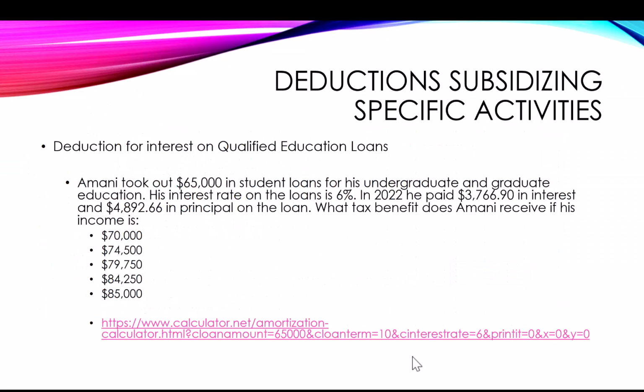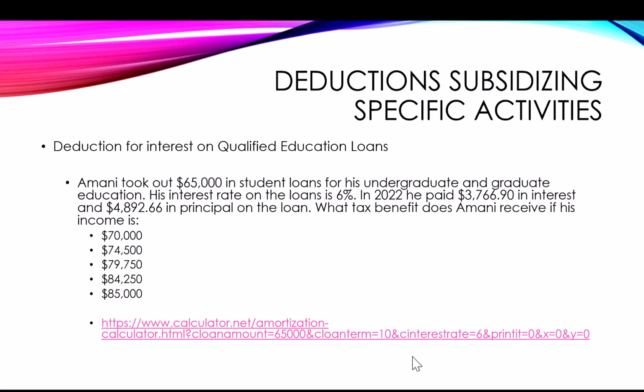The final for AGI deduction, talked about in Chapter 6, is classified as a deduction that subsidizes specific activities. More directly, this for AGI deduction allows taxpayers to deduct the interest that they pay on qualified education loans. Congress recognized that not all taxpayers could afford to go to college and pay out of pocket.